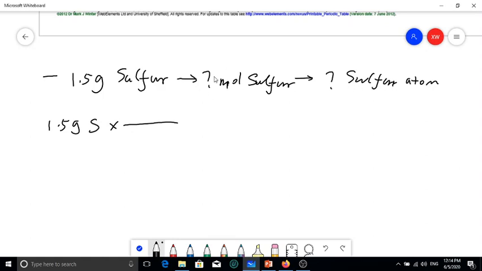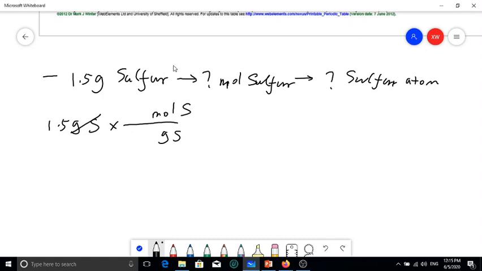So mole is always going to be in the middle of the calculation, working as a bridge or intermediate. Starting from 1.5 grams, what you're looking for is the mole of sulfur, and by default you won't get rid of gram of sulfur, so this is the way it looks.